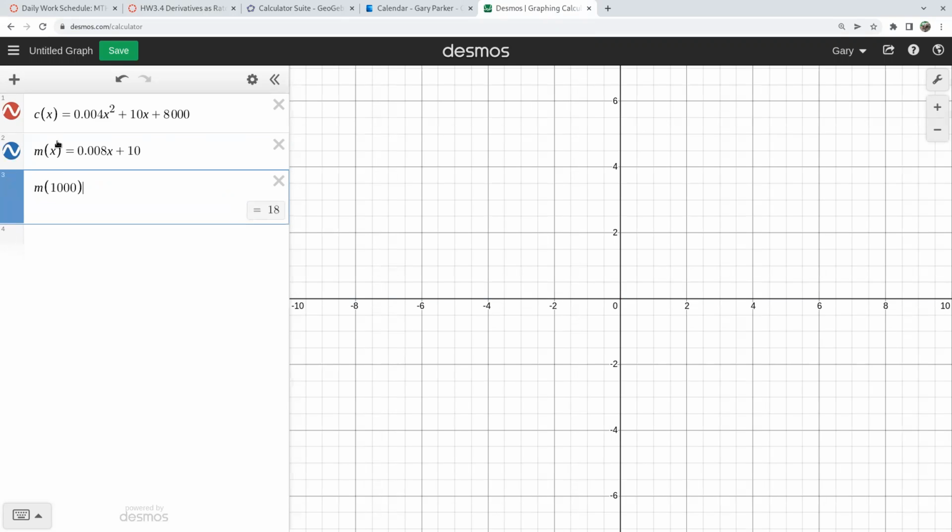That's 18. The marginal cost is to actually calculate the cost of 1,001 items and subtract the cost of producing 1,000 items. So margin means change in one item. And notice that they're close, but they're a little bit different. And again, my point is this computation is a wee bit more work than this computation right there when I just plug in 1,000.